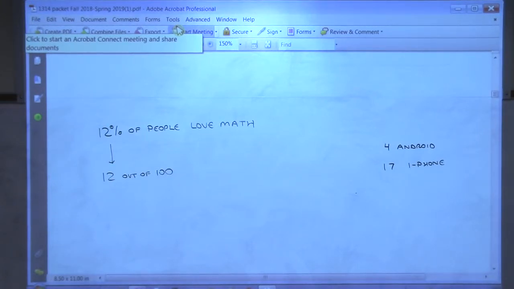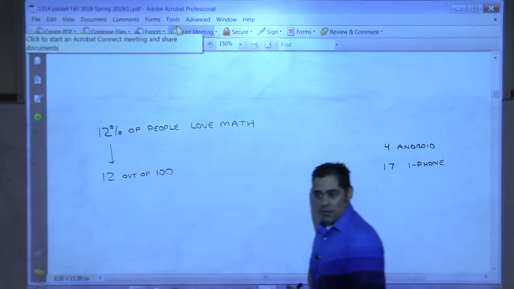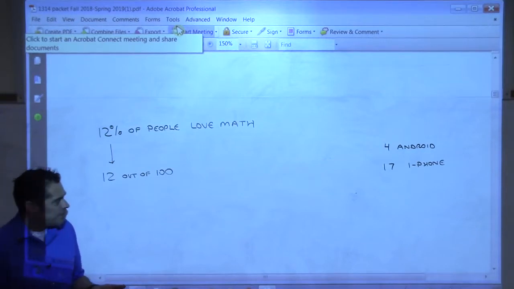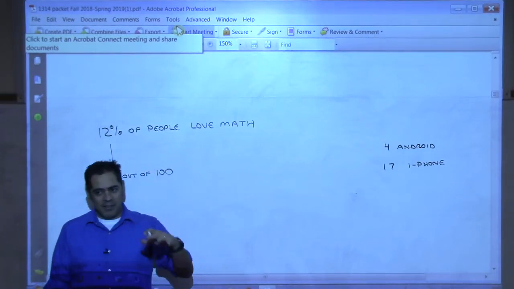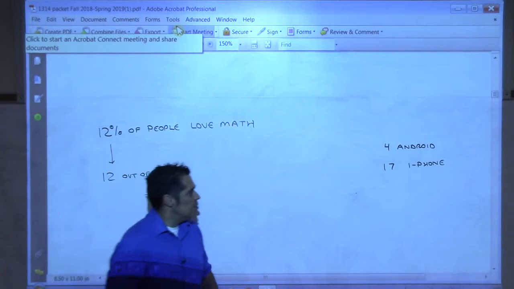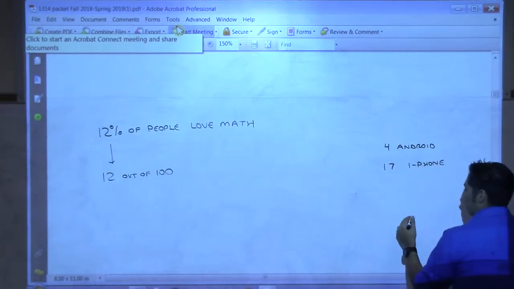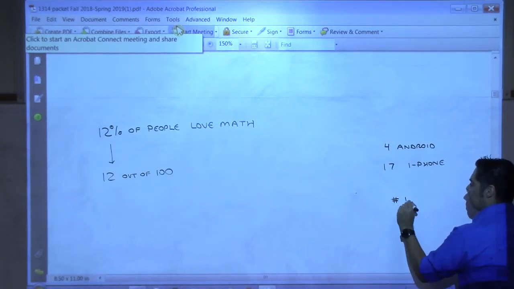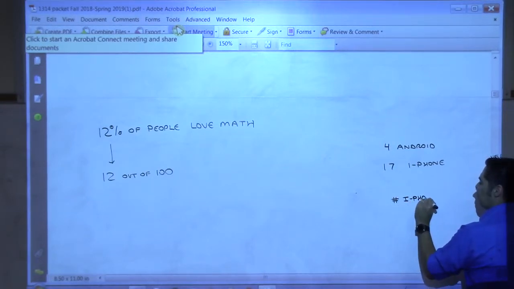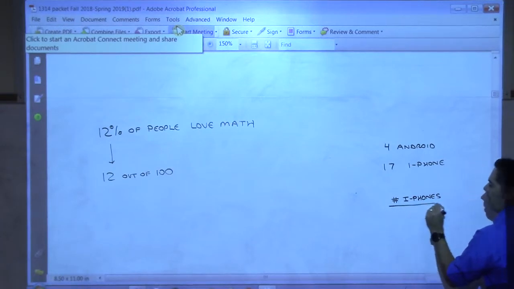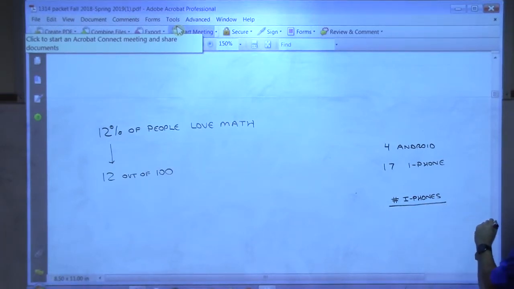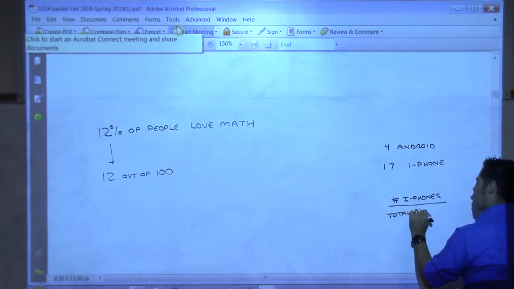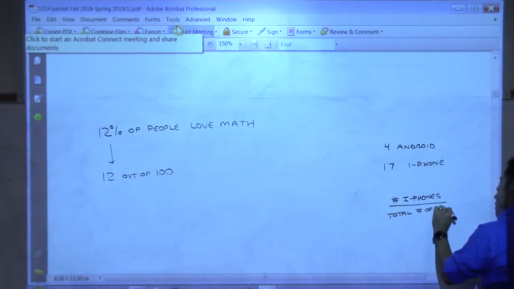All right. So what percentage of the class owns iPhones? So how do we do that? What we need to first of all figure out is the number of iPhones, and we divide that by the total number of students.